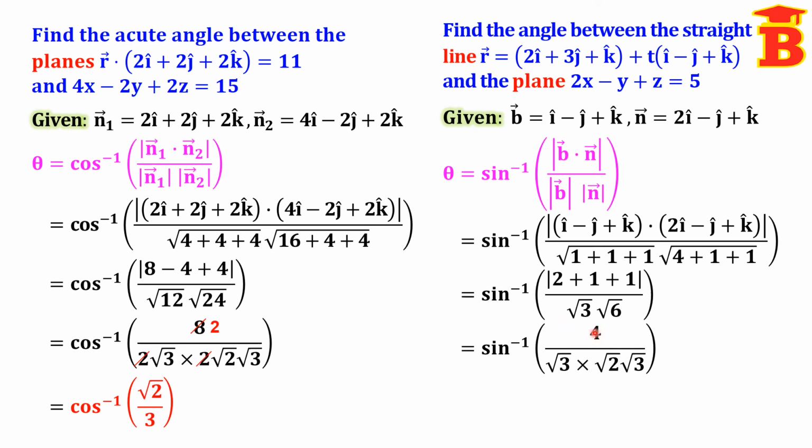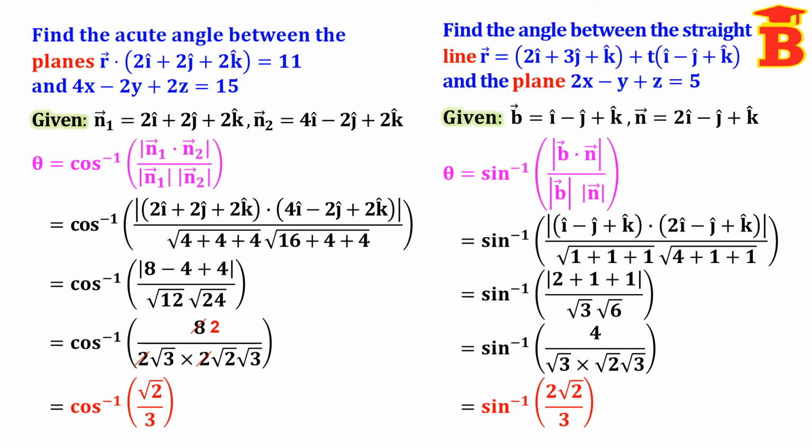So we write 4 divided by root 3 into root 6, which can be written as root 2 into root 3. And in this 4 we can cancel one root 2 because 4 is 2 into 2. So we get 2 root 2 in the numerator, and in the denominator root 3 into root 3 is 3.